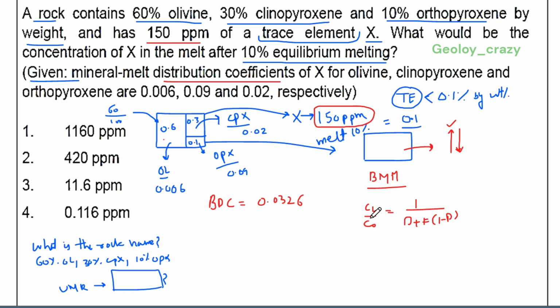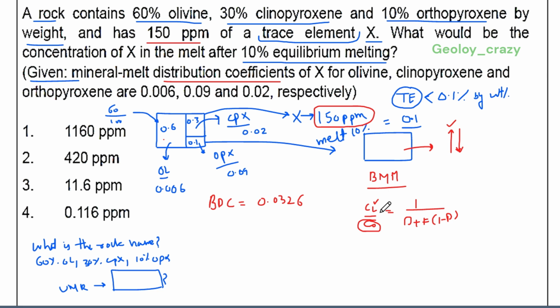Cl means concentration in liquid, and Co is concentration in the original. In the original, the value of x is 150. So we have this value. The concentration in the liquid is what we have to calculate.